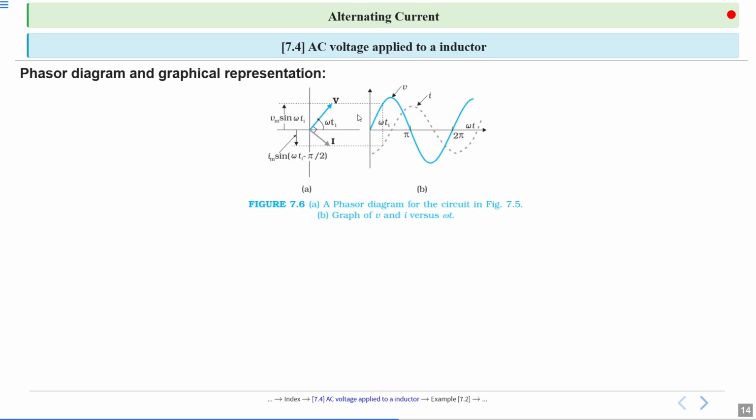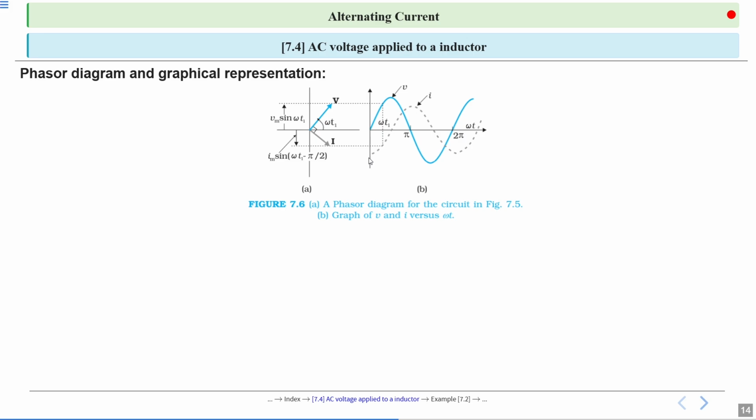In this graphical representation, you can see the voltage is starting from 0. Now current is lagging behind the voltage, so it will not start from the 0 value, it will start from the minimum value.